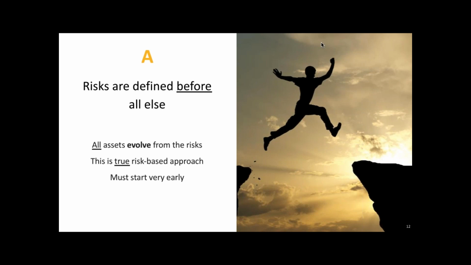Early on, we don't even have an application, so we might gather our team and say, we need some kind of functionality to do this, because if we don't, here are the risks to our organization if we don't design and implement this type of application. We would define all of those risks, and then from that, our application and all of the other assets evolve. That is what most individuals would say is a true risk-based approach or risk-based development. And that is something you've got to start very early.